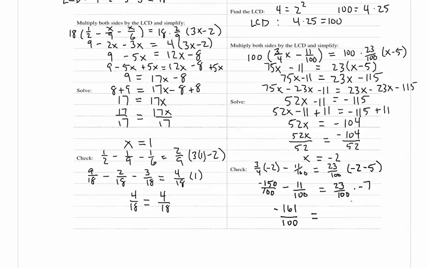And that's equal to negative 7 times 23 is equal to negative 161. And our denominator is 100. And negative 161 over 100 is equal to negative 161 over 100. So x equals negative 2 is a solution to our equation. And that's all for the video on solving equations containing fractions and decimals.